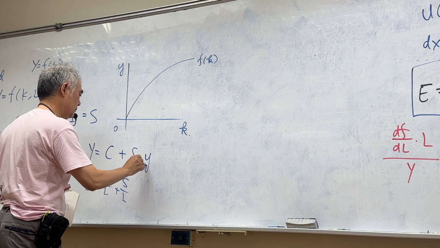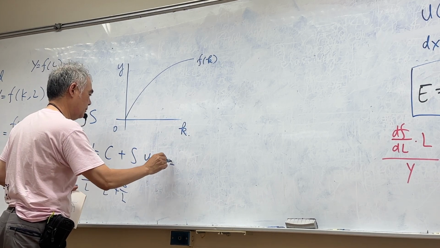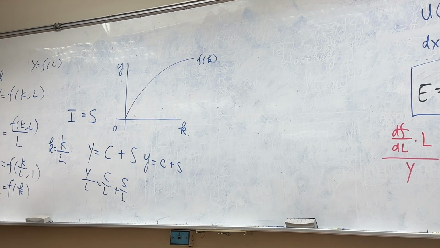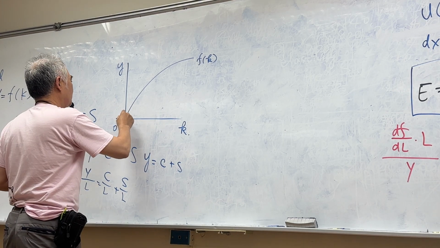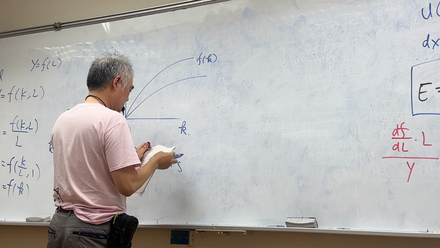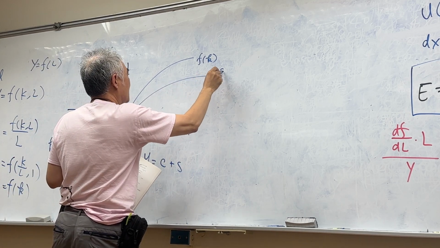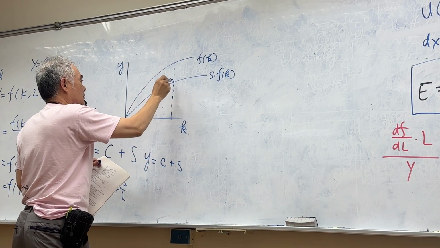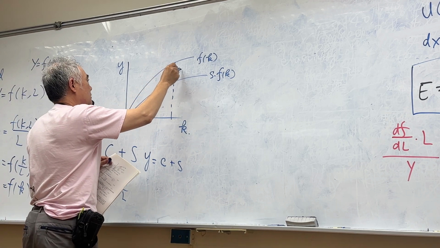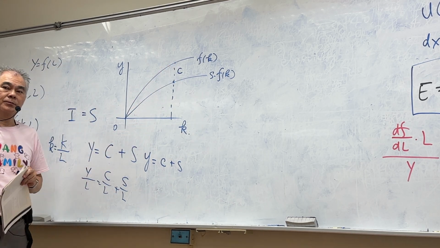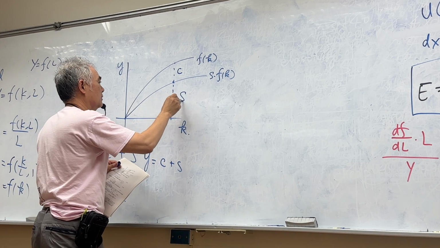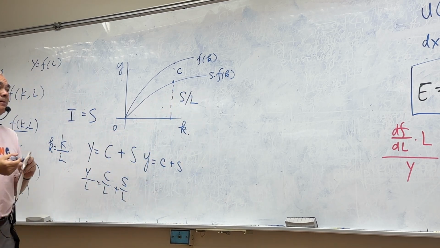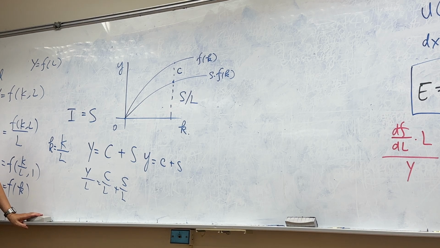You have y is equal to little c plus little s, where s is s times F(k). So here it is consumption per person, and here is saving per person. It is a different way to describe your income.